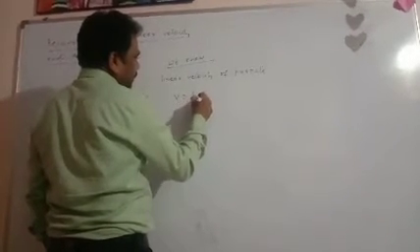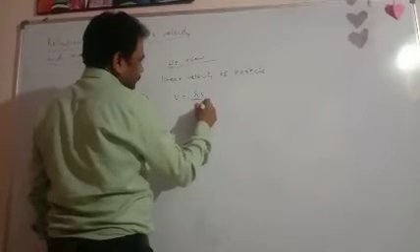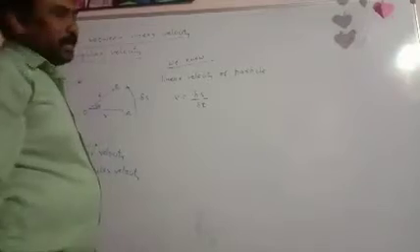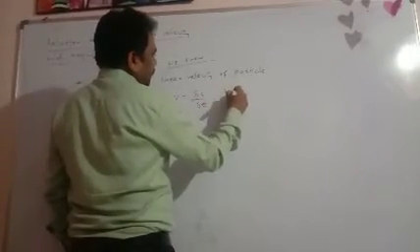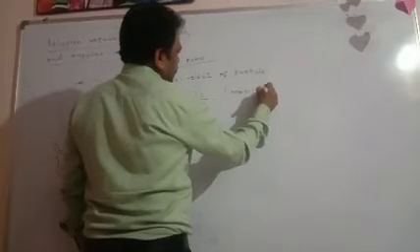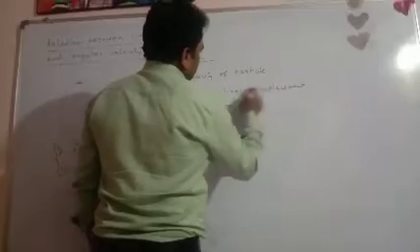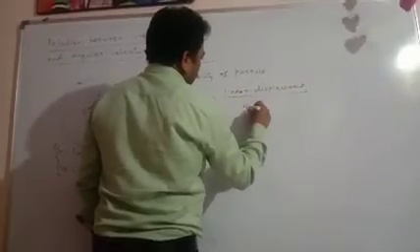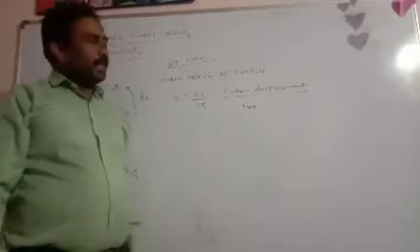Linear displacement is delta S, upon delta T. So in short, linear velocity is linear displacement upon time.